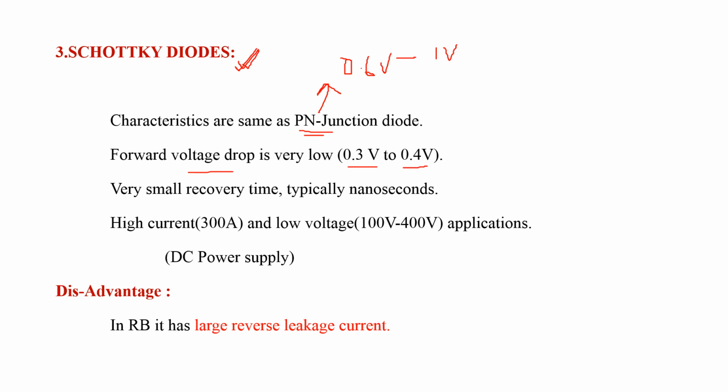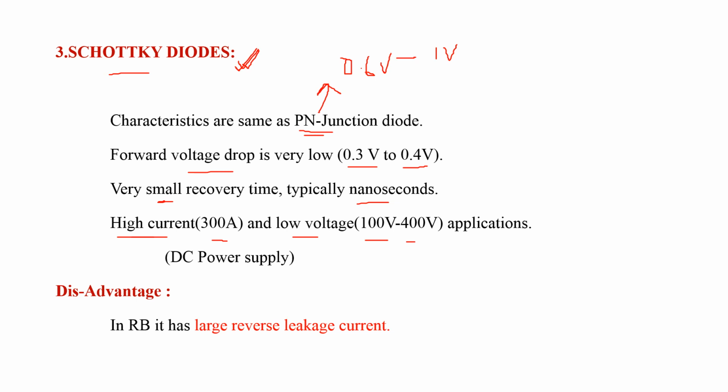The reverse recovery time of this Schottky diode is also very small, typically in nanoseconds. These types of diodes are mainly used in high current and low voltage applications. The current capacity of the Schottky diode is 300 amperes, and the voltage handling capacity is from 100 volts to 400 volts.